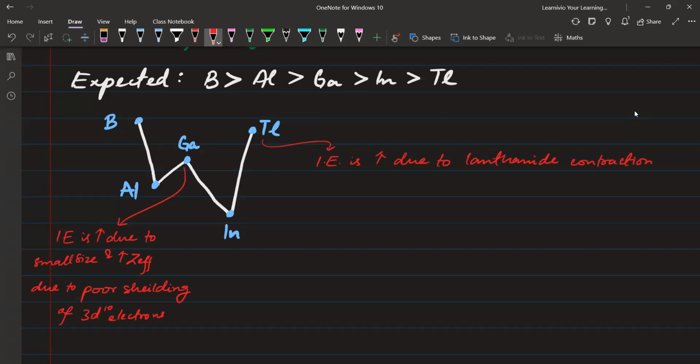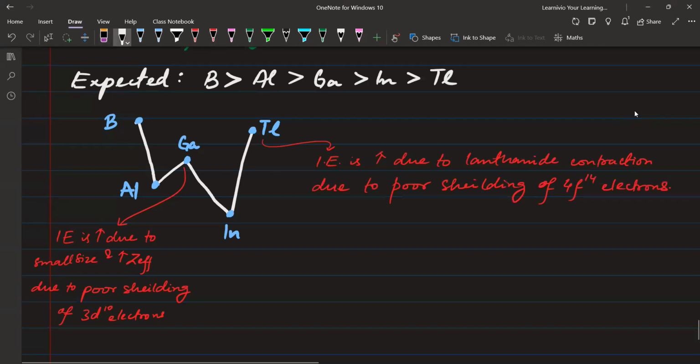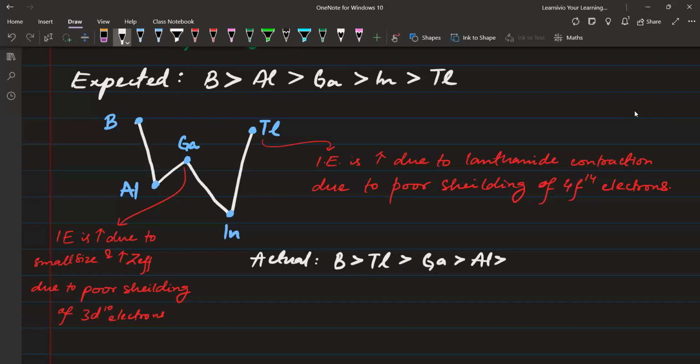It means, due to poor shielding of 4f14 electrons. So the actual order is going to be boron highest, followed by thallium, followed by gallium, followed by aluminium, and the smallest will be indium.